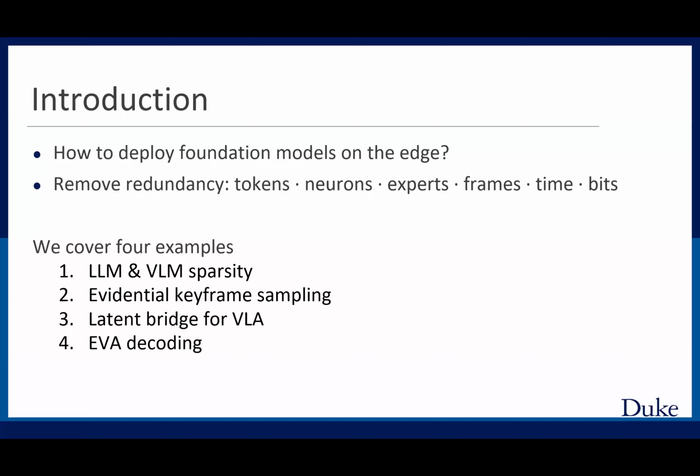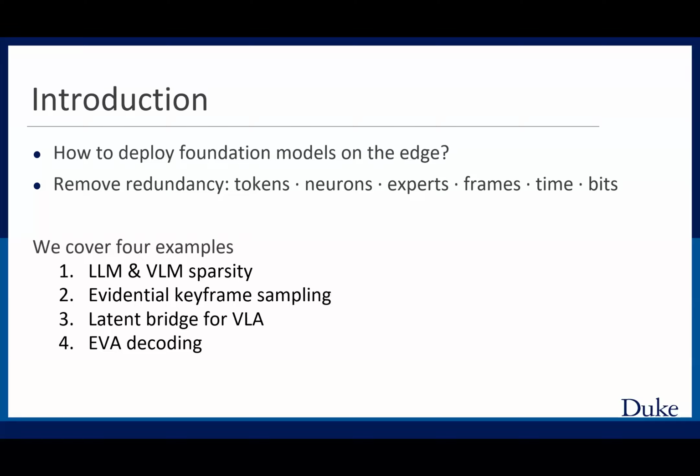It's everywhere. So if we are able to identify the key information and skip the rest, we could dramatically improve the inference efficiency. That's the core idea I want to convey in this talk.